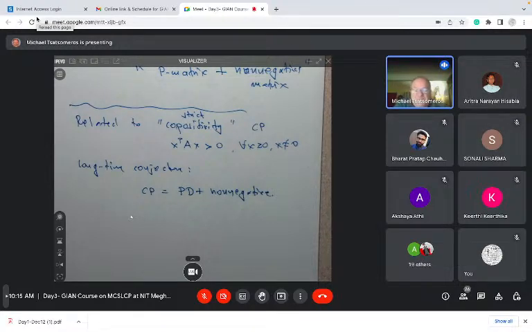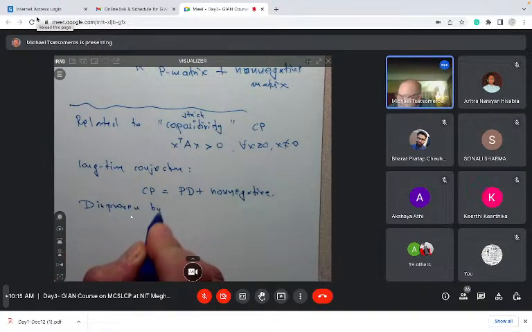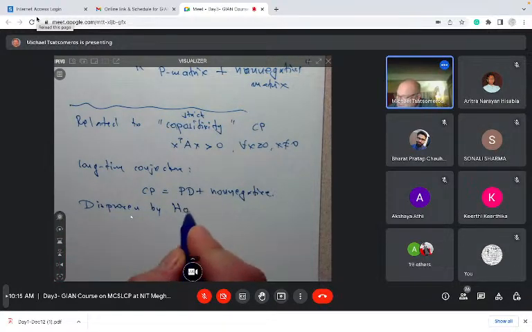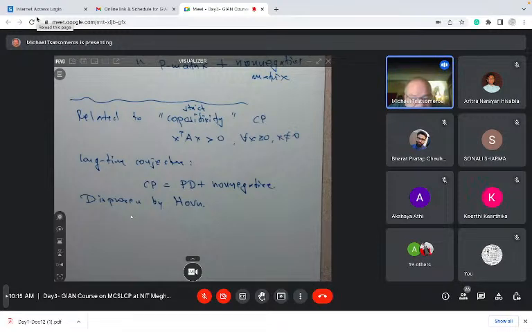But after a few decades of this being a conjecture, well, this was disproven by Horn. This is not Roger Horn, it's another Horn. There was a counterexample. It's a fairly large matrix. It's not a small 2x2, 3x3. I forget the size now. It has to do with projective planes, but it's copositive, but it's not the sum of a positive definite and a non-negative matrix.